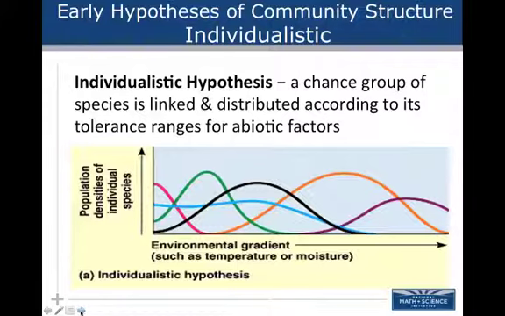And this shows a graphical representation of how they're able to tolerate and survive and operate within a food web and keep this very delicate balance. So the graph here shows the environmental gradient, meaning temperature or moisture, any abiotic factor, down here. And this shows the population density of individual species.